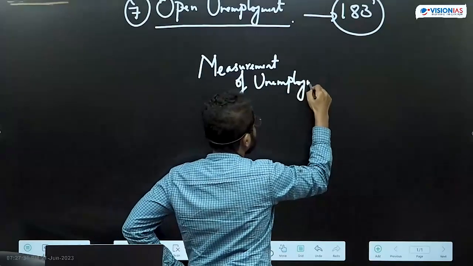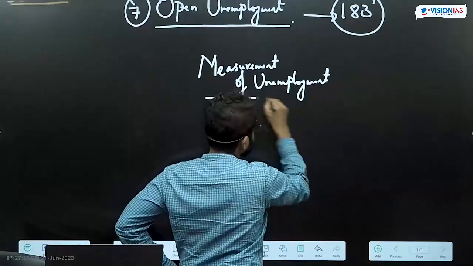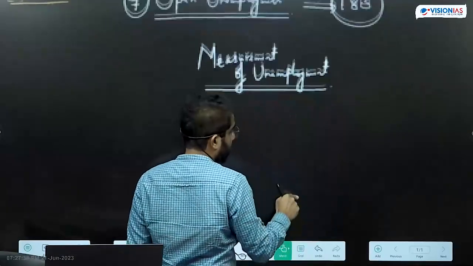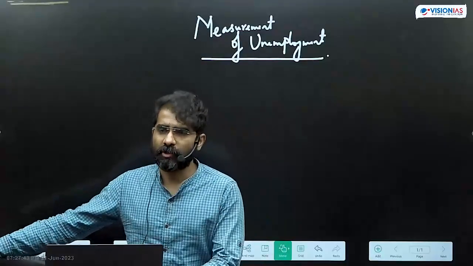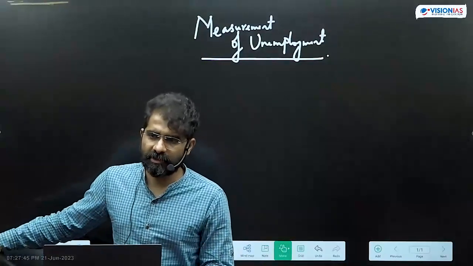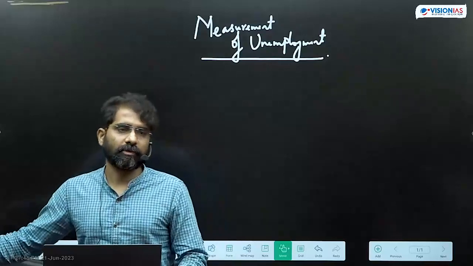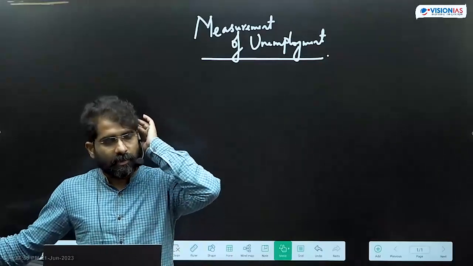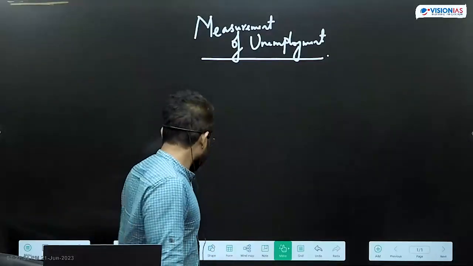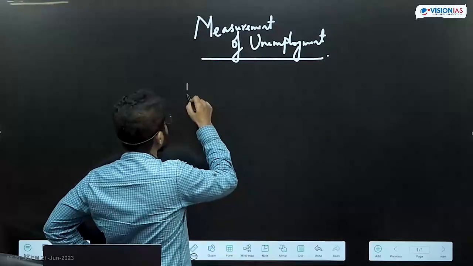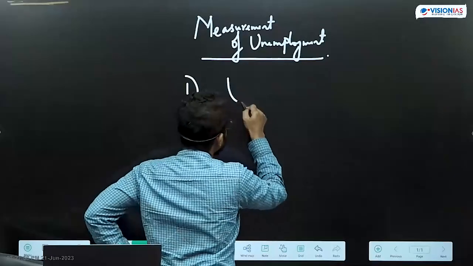So next is measurement of unemployment. This topic is easy, right? Is it difficult? No. Somewhat okay. So now see here, there are different methods of measuring unemployment. One is something called usual status.